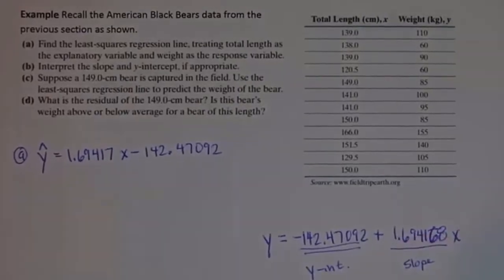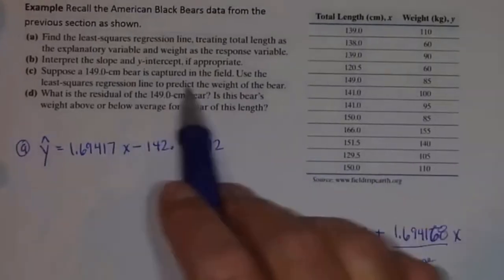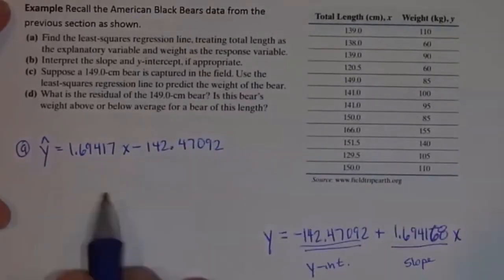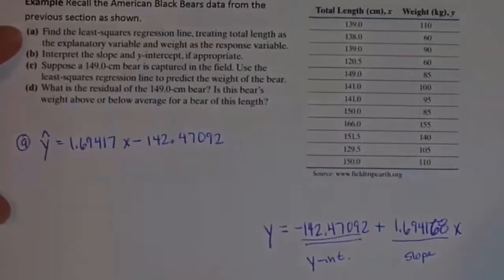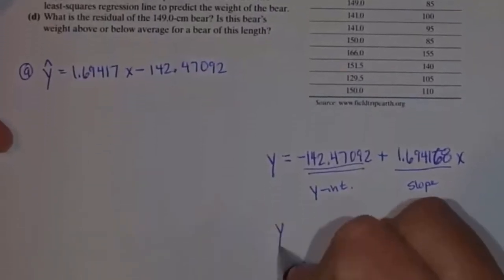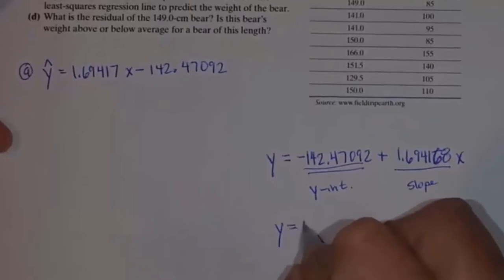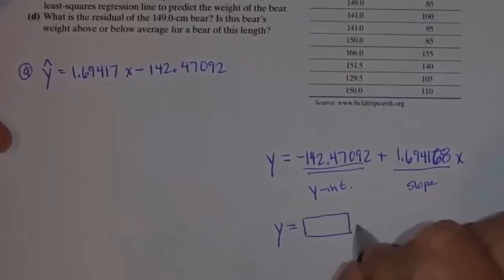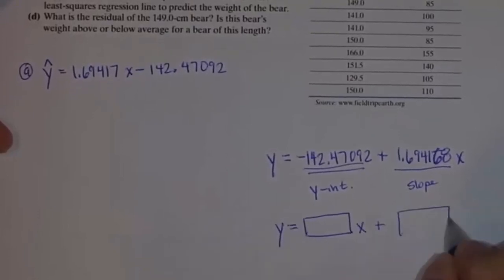Now, I mention this mainly for this reason. In MyMathLab, when you're doing your homework, if this was a problem in MyMathLab, they're going to ask you to write the regression equation, and lots of times they're going to do it this way. They're going to say y equals box times x plus box.